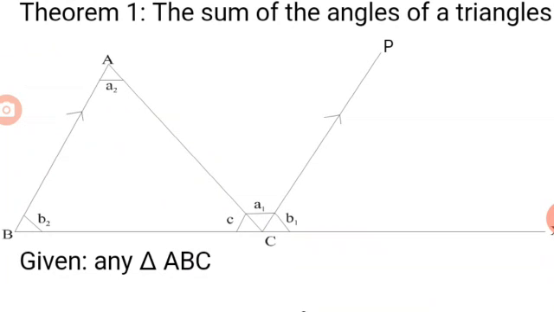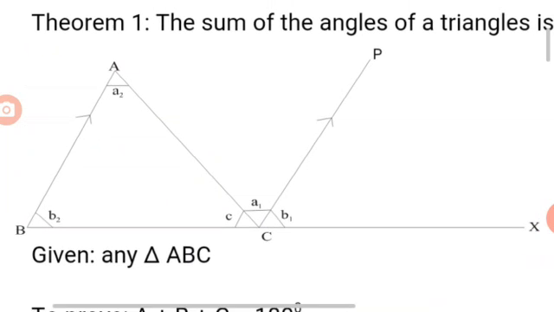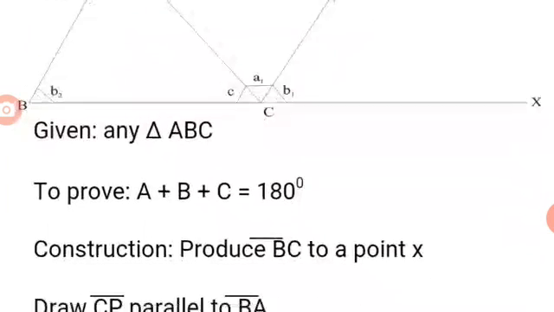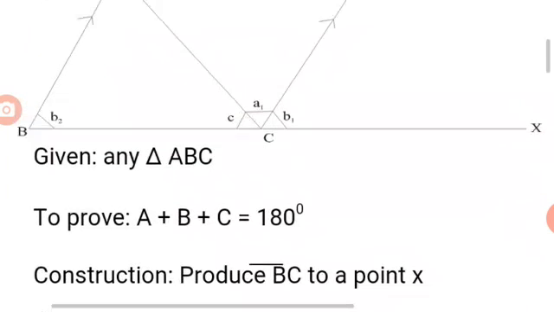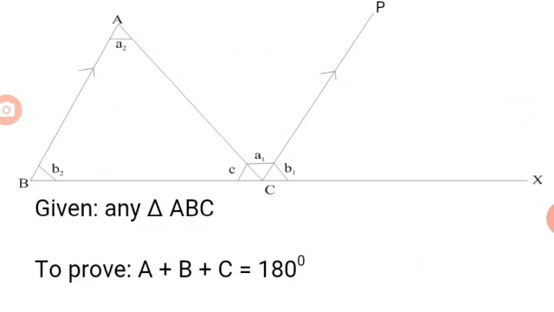Now, given any triangle ABC, to prove that angle A plus angle B plus angle C is equal to 180, that is, each angle of the triangle ABC.